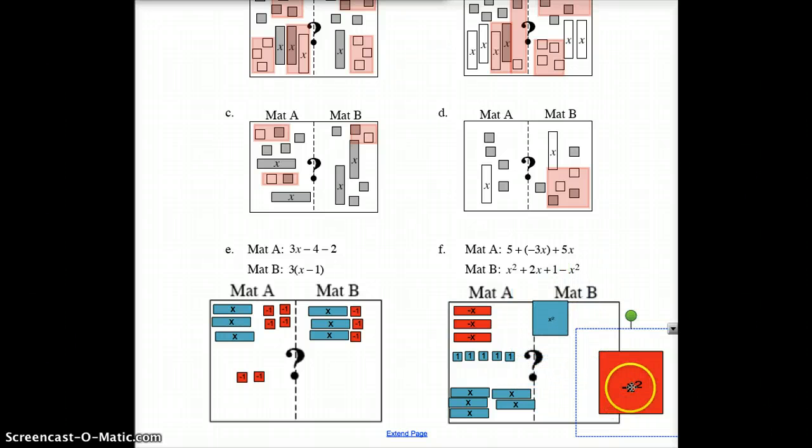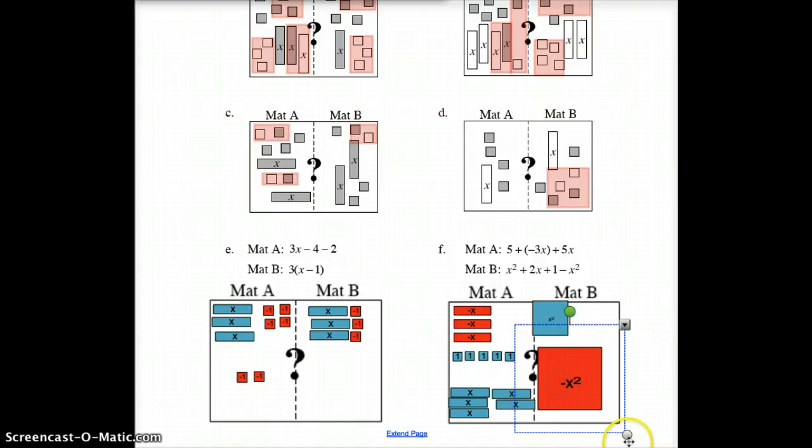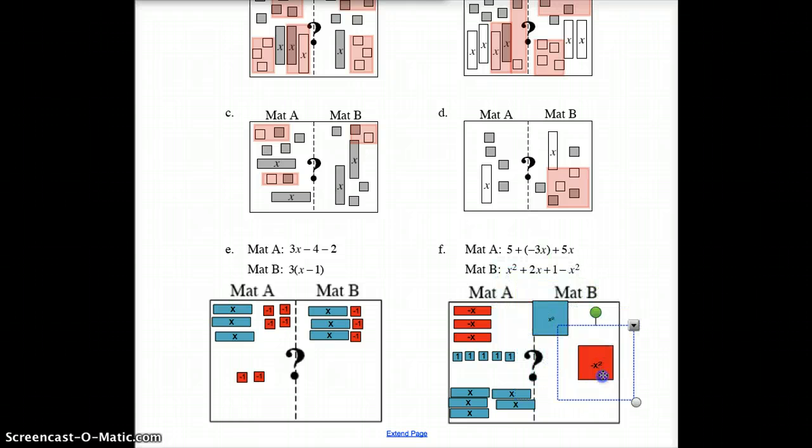We're going to take this one over here, put that in there, and we're going to resize that as well. So I've got my positive x squared tile up there. From here, I've got my negative x squared tile from there. I need two more x tiles. 1, 2, and I need a positive unit tile over here as well.